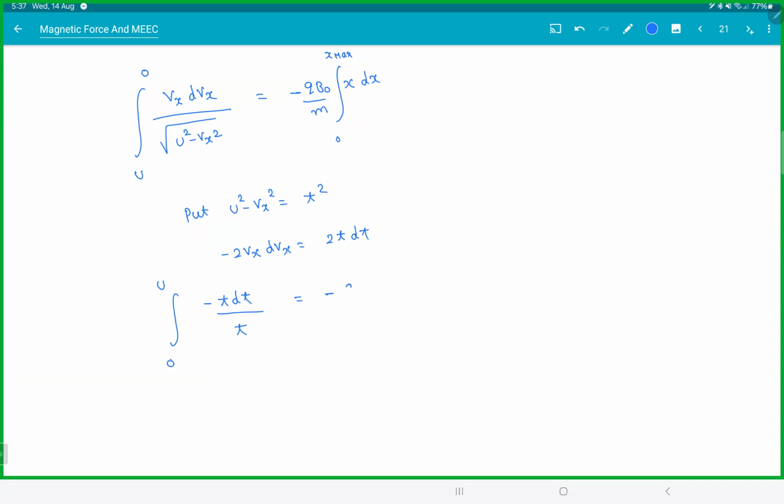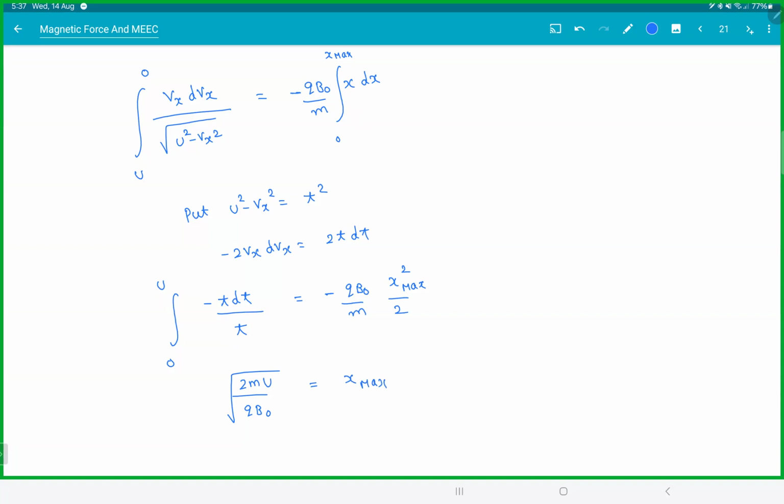And this side it will be minus qB naught by m, x max square by 2. Minus minus goes off, t goes off, this will become u, so 2mu by qB naught, the root of that, is x max. There, check your answer.